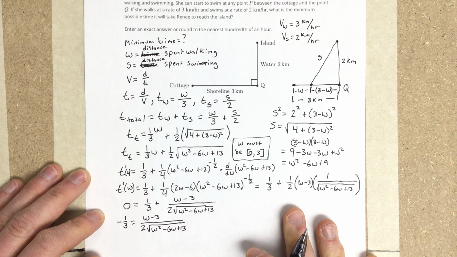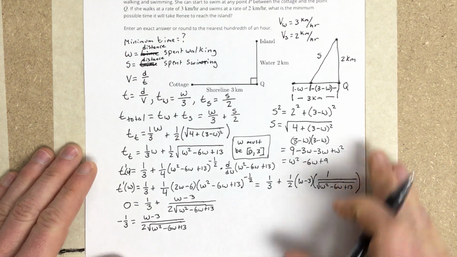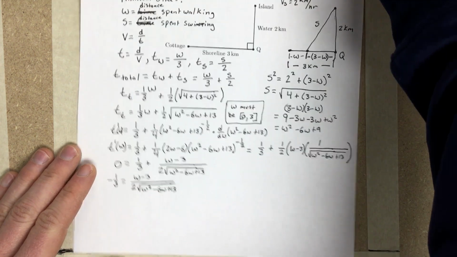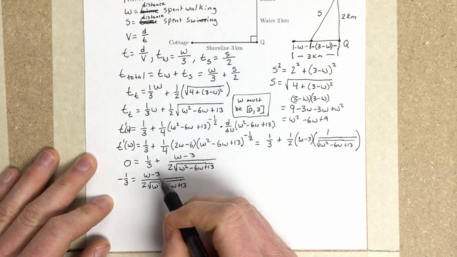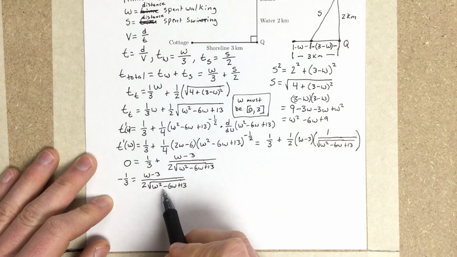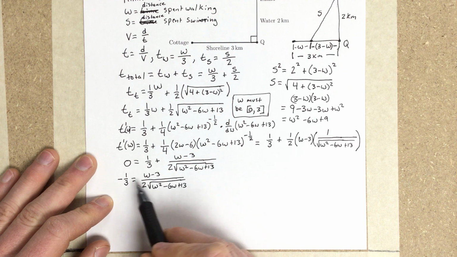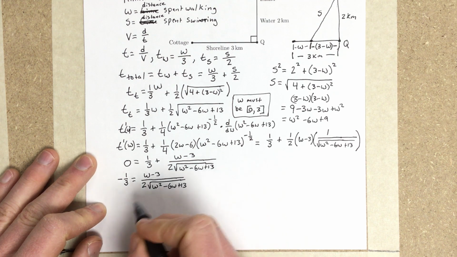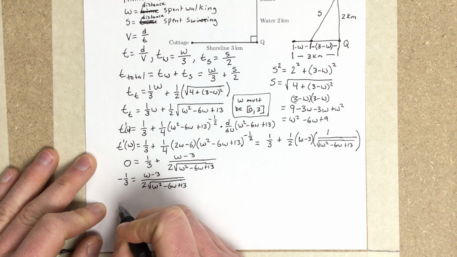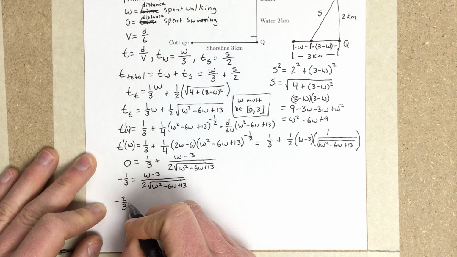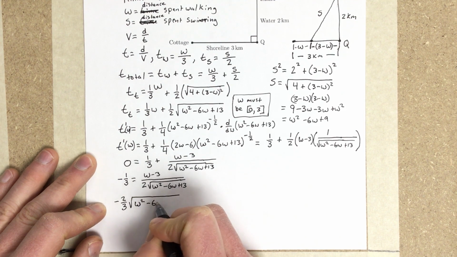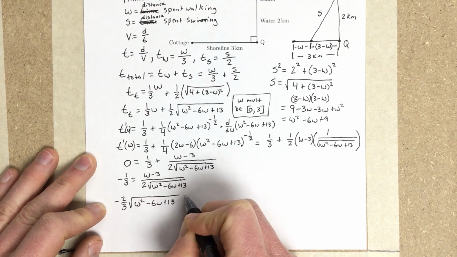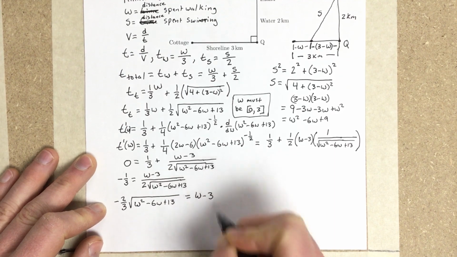Now I'm going to multiply each side by this 2 root w squared minus 6w plus 13. So we end up with negative 2/3 root w squared minus 6w plus 13 is equal to w minus 3.